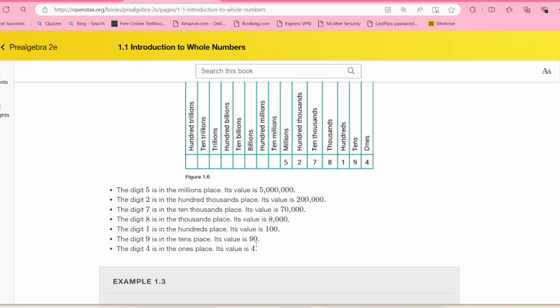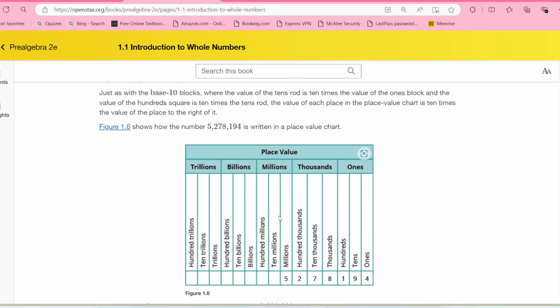Its value is 90, right? 9 times 10. And finally, the digit 4 is in the ones place. Its value is 4, right? 4 times 1. And put them all together, and they read them off again by period.